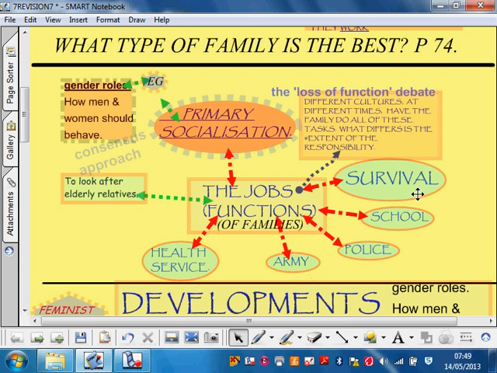They were your education system, and they looked after your basic survival needs. These days we have the state to do a lot more of these things. But think about it, the family does still do a lot of them: it teaches you things, polices you, protects you, looks after you when you're sick. So it's called the loss of function debate. It doesn't mean the function has gone altogether, it means it's less than it was.